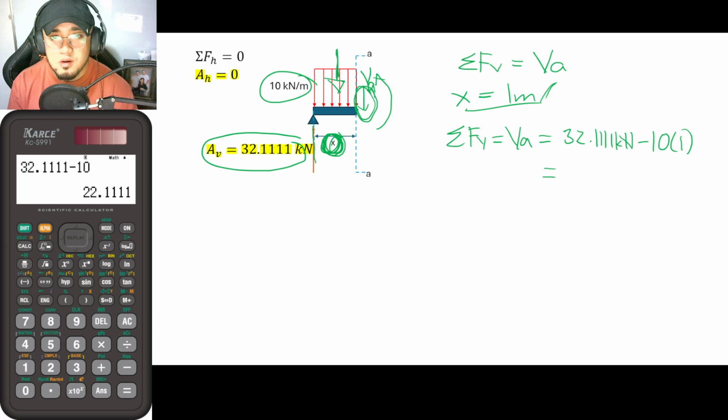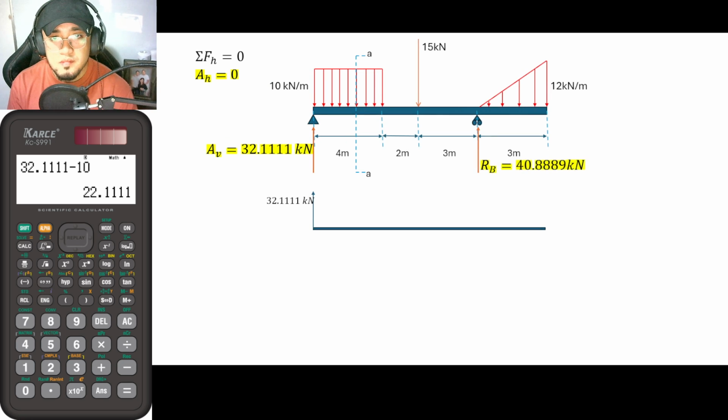Okay, so suppose that again this is the section. Instead of us cutting a section here, what if we just get a section here at this point?